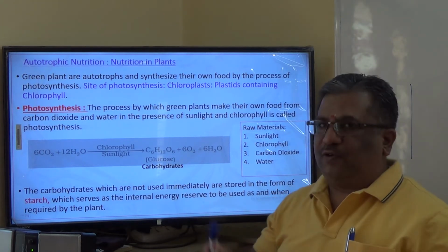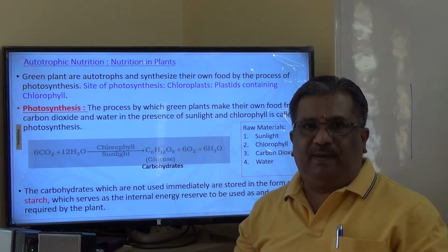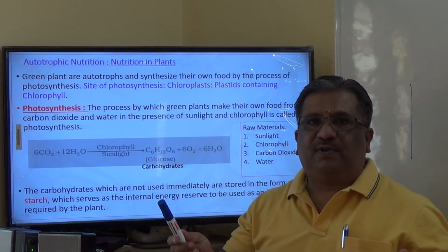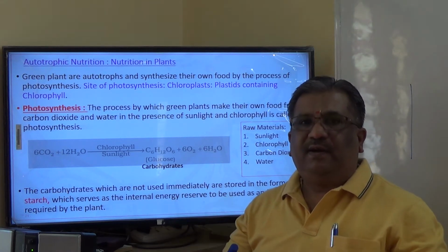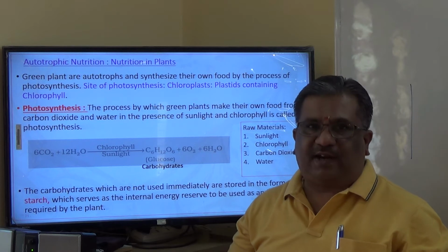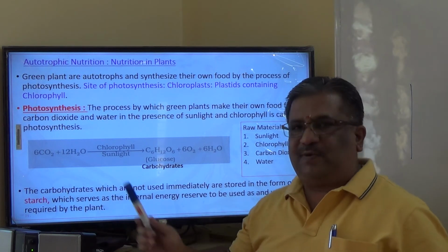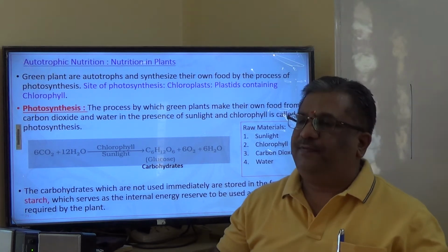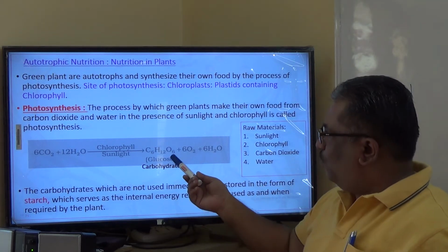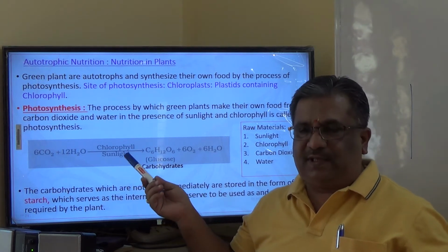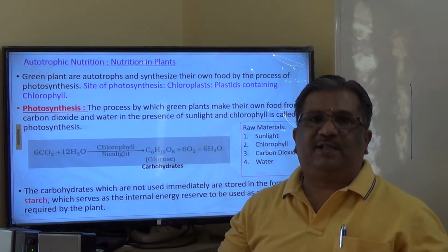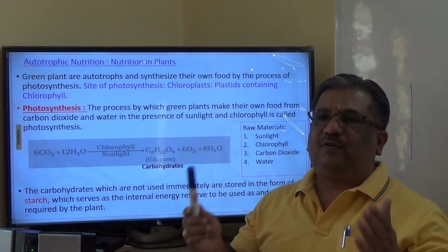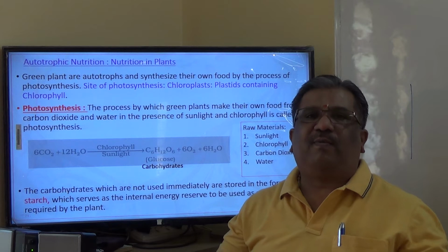So if the glucose is not utilized by the plant immediately, in that case several units of glucose are combined together and stored in the form of starch. So what exactly is starch? If the glucose which is produced as a result of photosynthesis is not utilized by the plant for the immediate energy requirement, then that glucose will be stored in the form of starch.